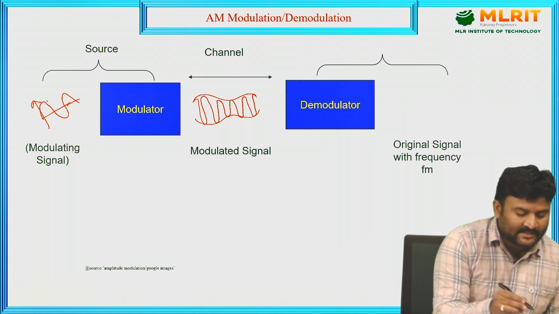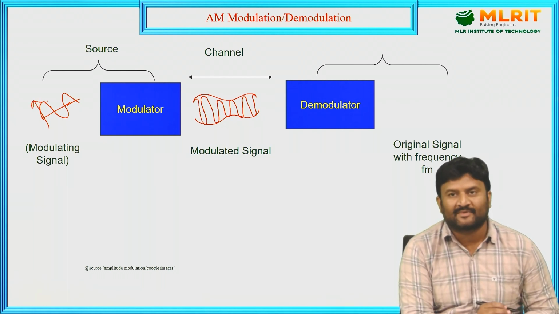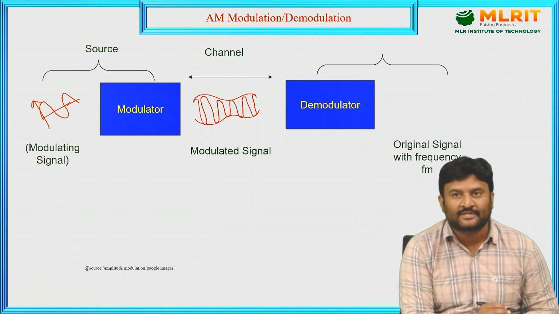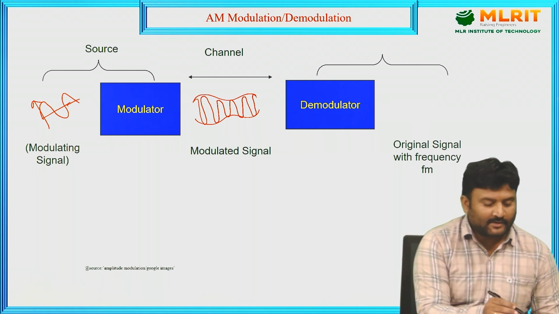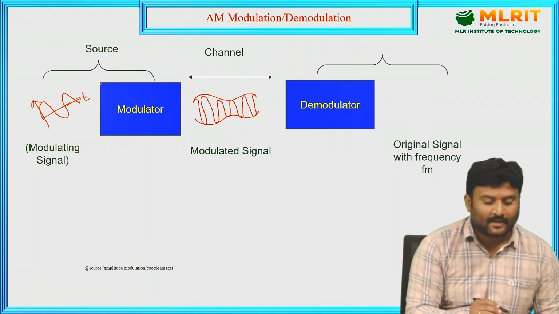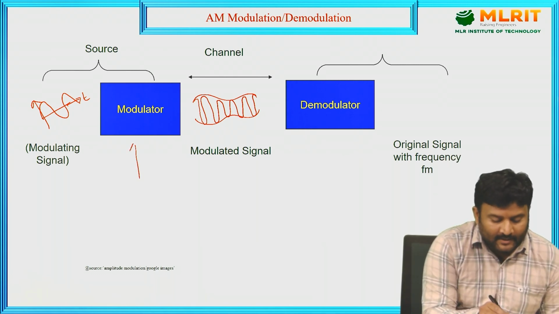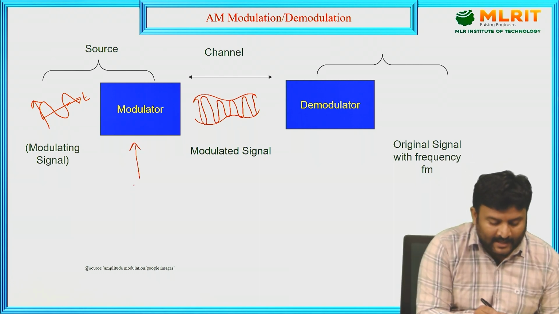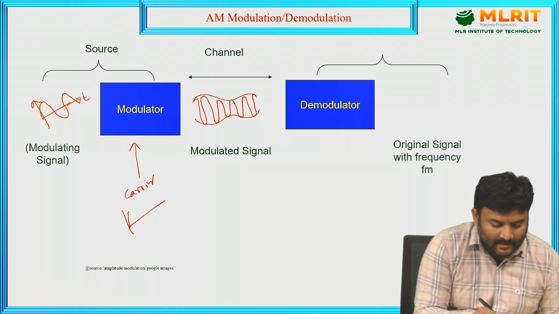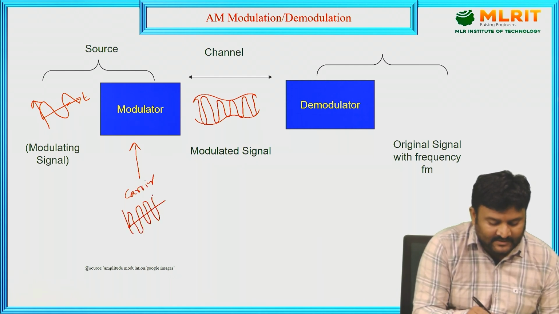This is the message signal. The modulating signal is also called the message signal, baseband signal, or information signal. I am applying it to the modulator. Here the modulator works with the help of an oscillator providing the carrier signal. The carrier is a high frequency signal.